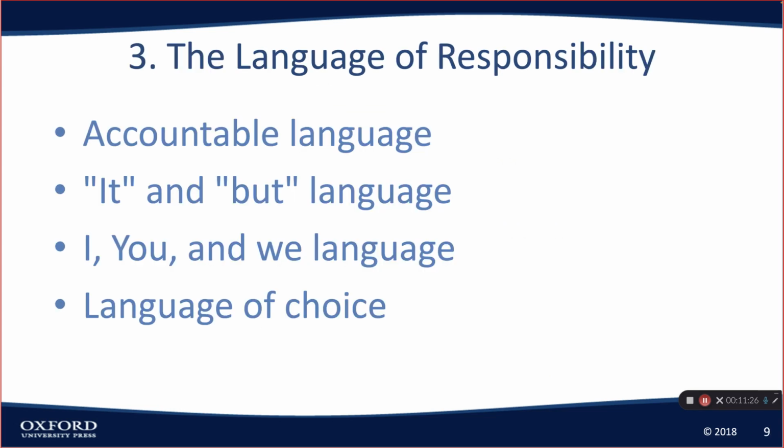Anyways, the language of responsibility is another thing. I definitely want to talk about it and but. And then we will spend some time talking about I, you, and we. The language of choice, it's avoiding words like have to, and instead saying things like choose.